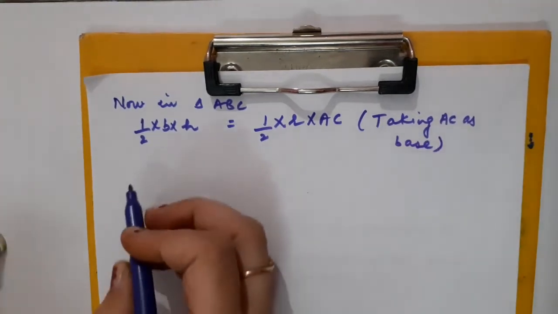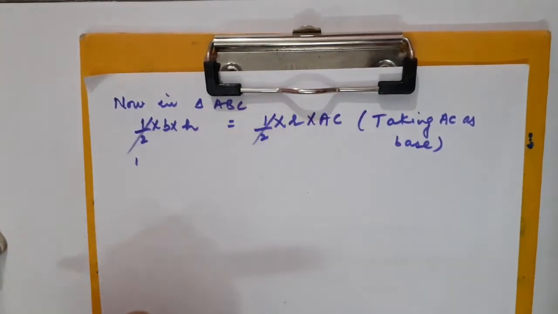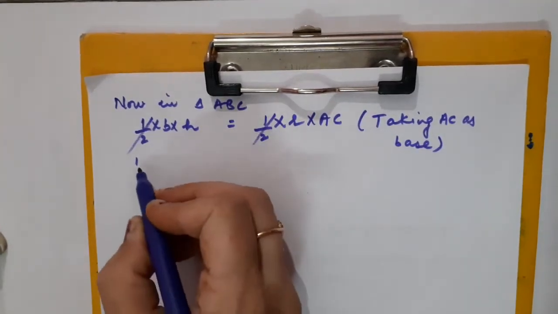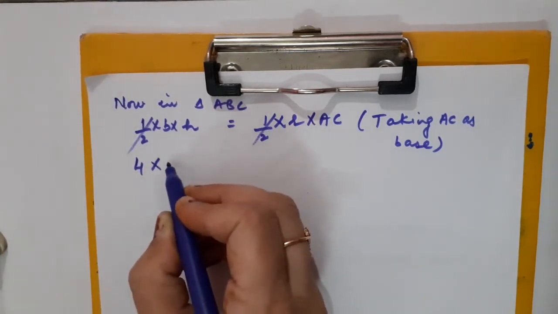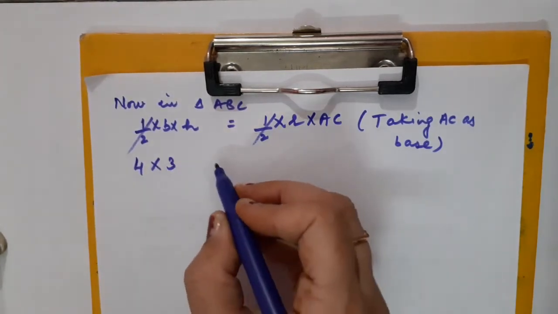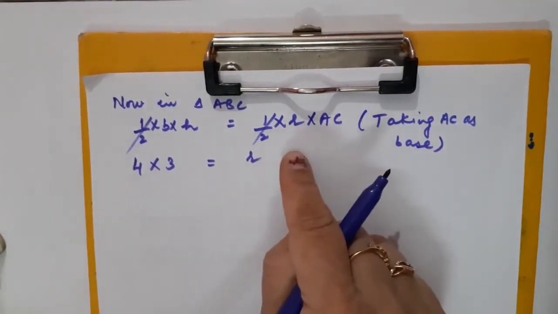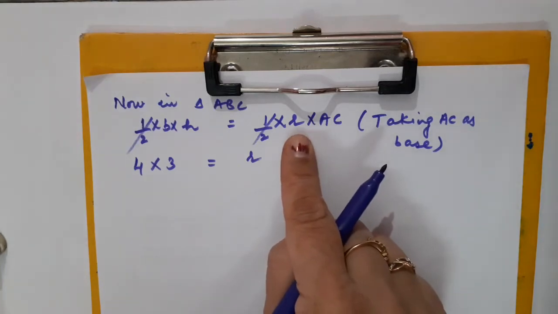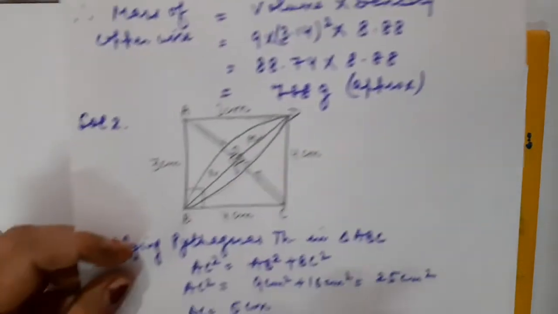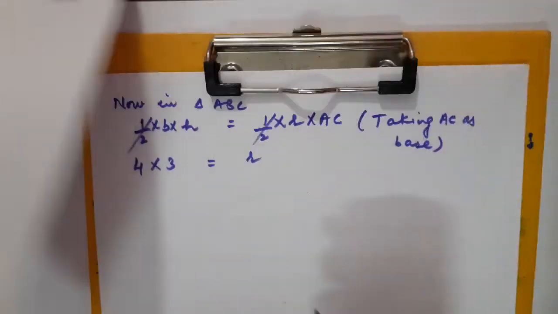Now, let us insert the values. Half and half are going to be cancelled. In place of the base, I am going to write 4 centimeter into height 3 centimeter. Correct? And here you will know that the radius is given to us. What is that radius? That is acting like the height, and AC is acting like the base, the hypotenuse.